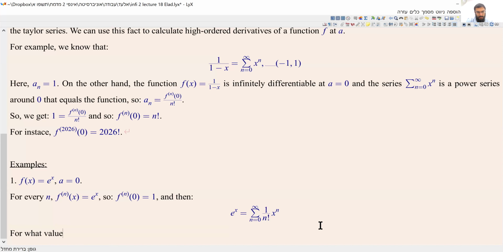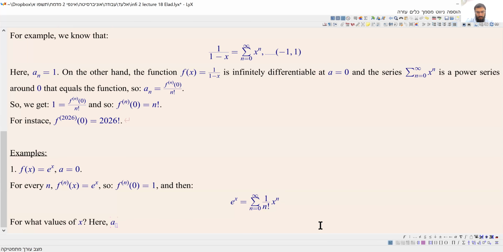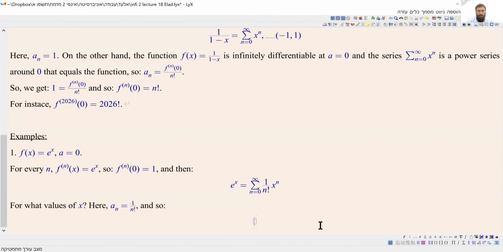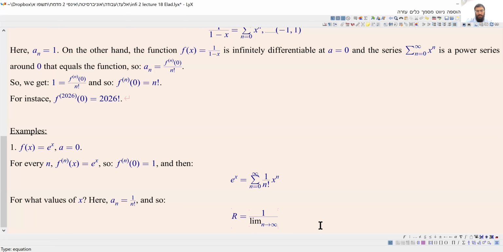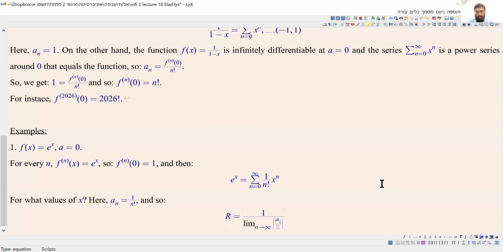For what values of x? Here, a_n is 1 above n factorial. So the radius of convergence is 1 above the limit, as n goes to infinity, of a_{n+1} and a_n.